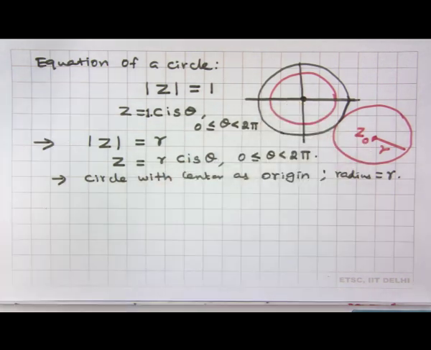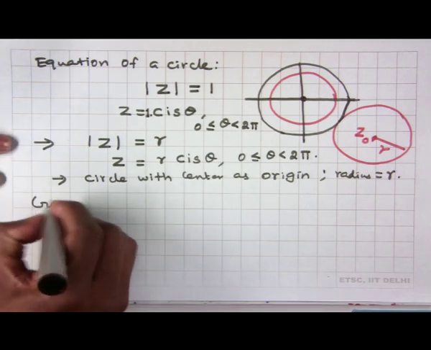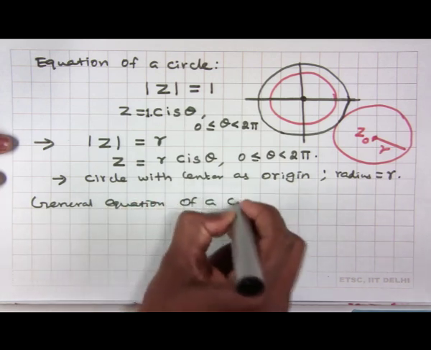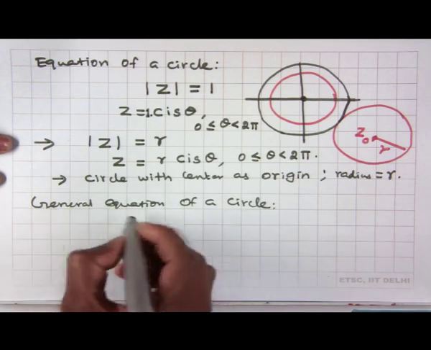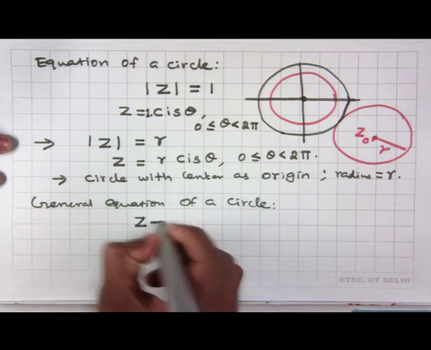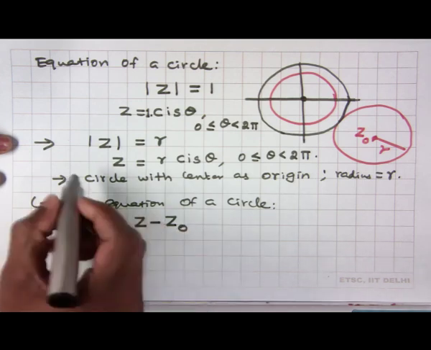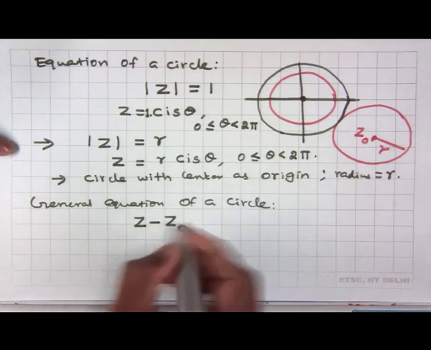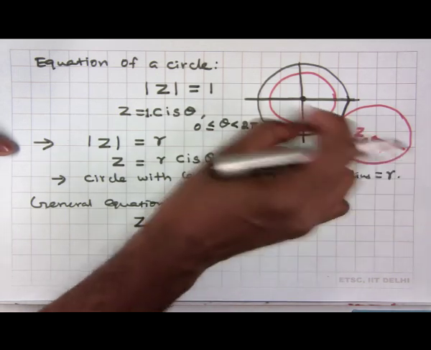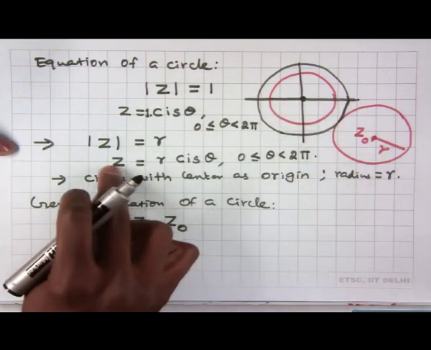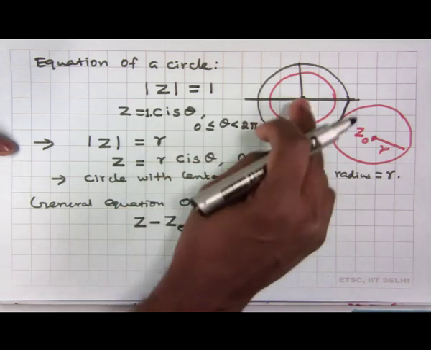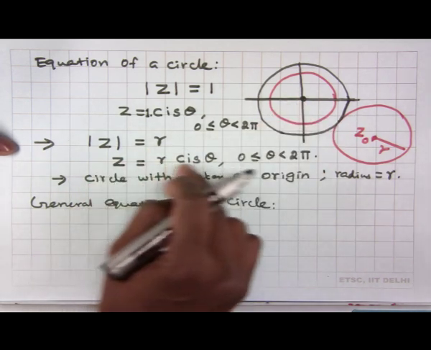So, what is happening? The general equation of a circle can be realized as just shifting the given circle by z0. Now, we have moved this one to the origin, and what we described here is that any circle with center as origin is given in this parameterization.